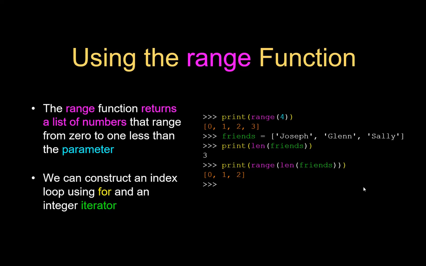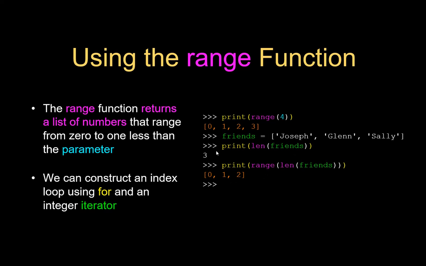Okay, so the next function that we're going to use upon a list is the range. In this case, the range function will return a list of numbers that range from 0 to 1 less than that parameter. For example, range 4 means that we will have a list of 4 values.